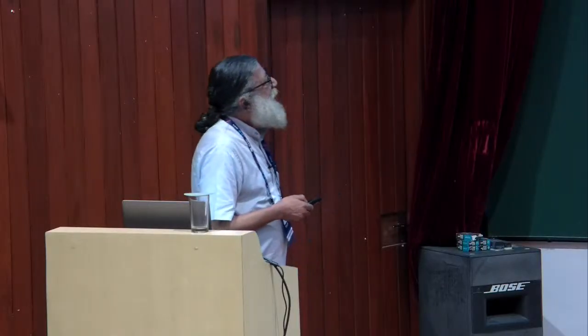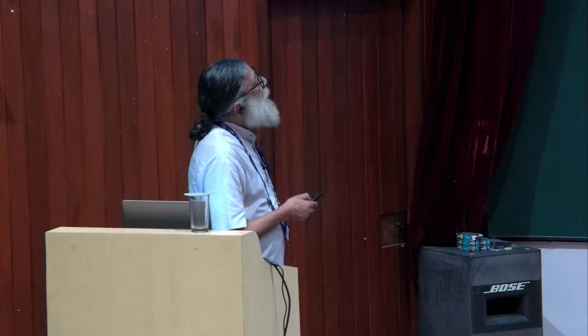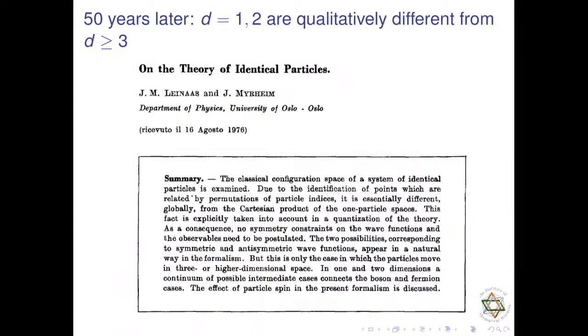Okay. Anyway, 50 years later came this paper by Leinaas and Myrheim. I don't know how the name is pronounced. It showed that d equal to 1 and 2 are qualitatively different. And in 1 and 2 dimensions, a continuum of intermediate cases connects the boson and fermion cases, and so they discussed that.